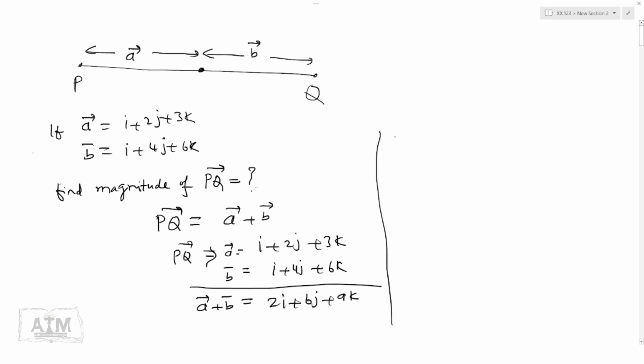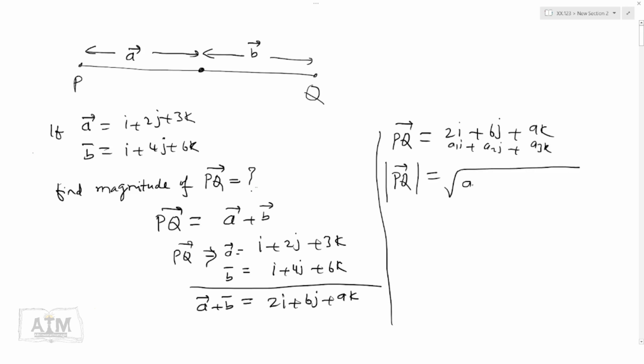Therefore vector PQ equals 2i plus 6j plus 9k. If you want to find the magnitude of vector PQ, comparing it with A1i, A2j and A3k, what is the formula for magnitude? That is the square root of A1 square plus A2 square plus A3 square.